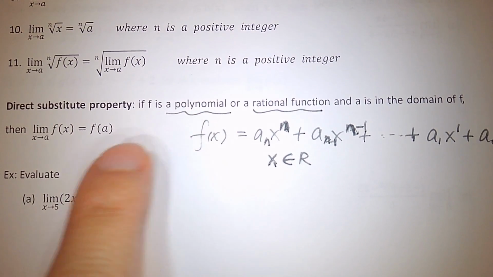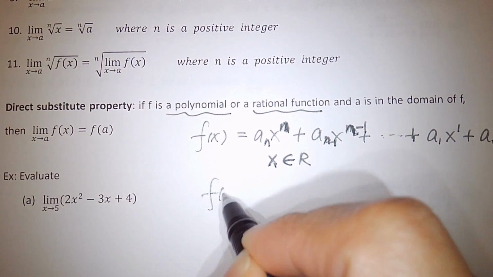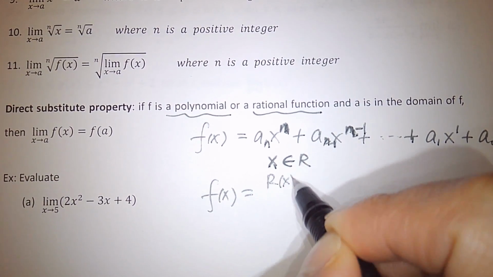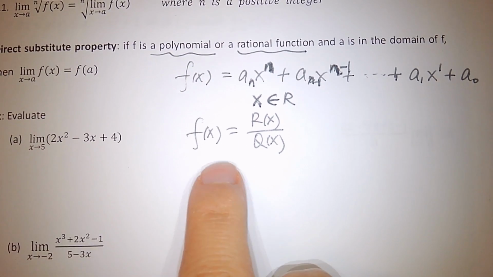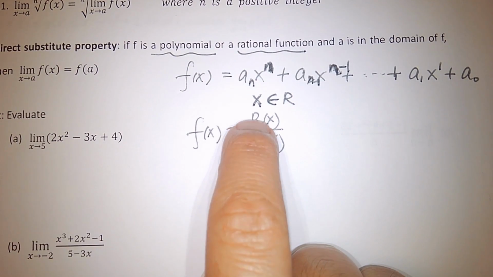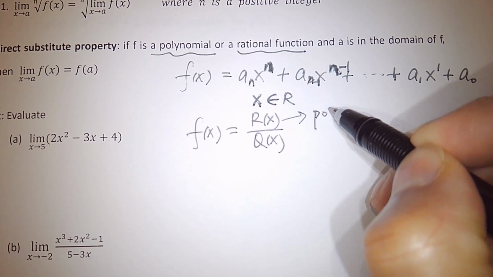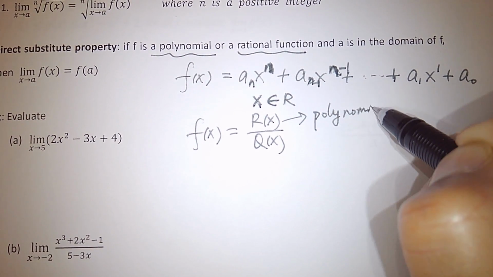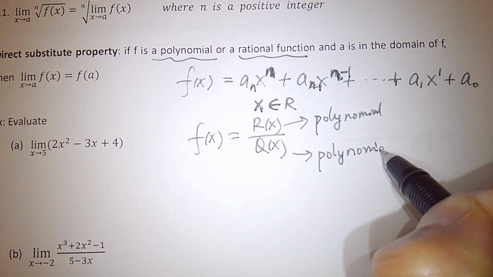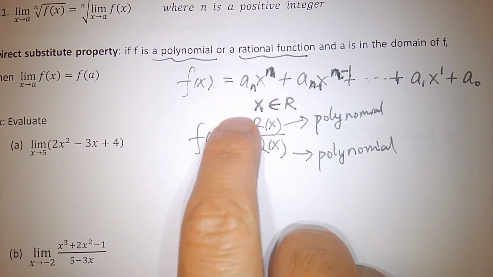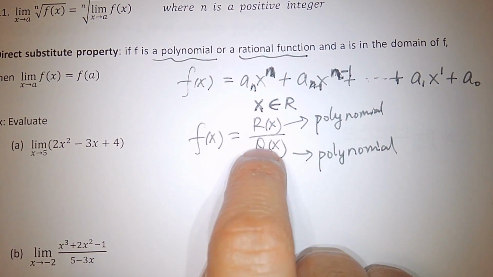Or if f of x is a rational function, what kind of function is called a rational function? If a function is defined by a polynomial over a polynomial, so r of x is a polynomial, q of x is also a polynomial. Now we know that for polynomial functions themselves, the domain is all real numbers.